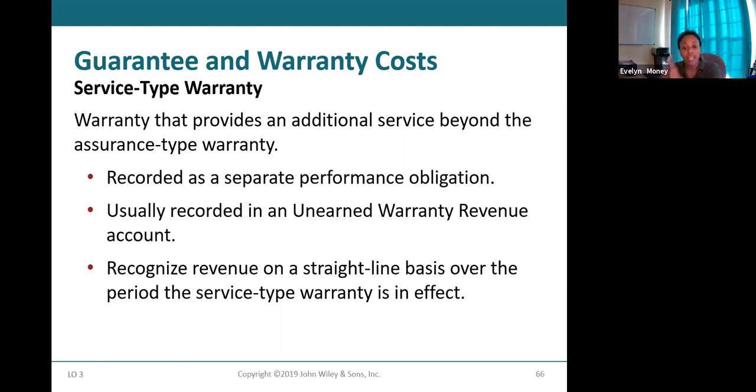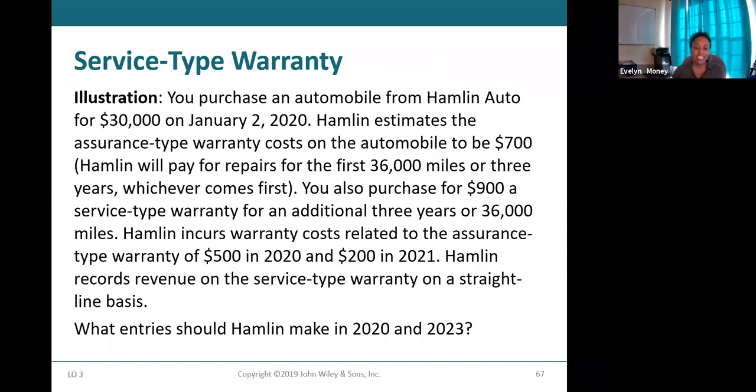I'm earning it over time. So initially, the money that the customer gives me is an unearned revenue. I haven't earned it. I earn it with the passage of time. So as time passes, we use the straight line basis to determine what portion of this unearned revenue we now record as revenue. So let's see an example.